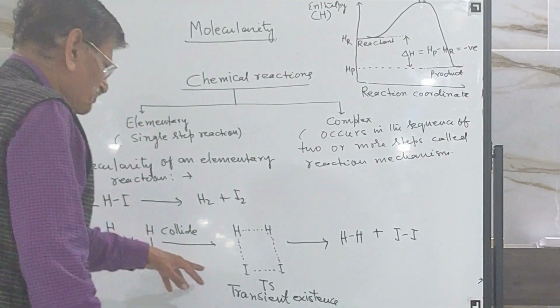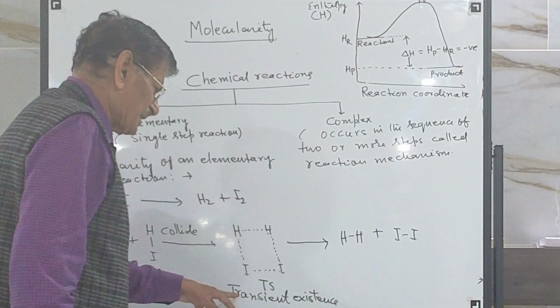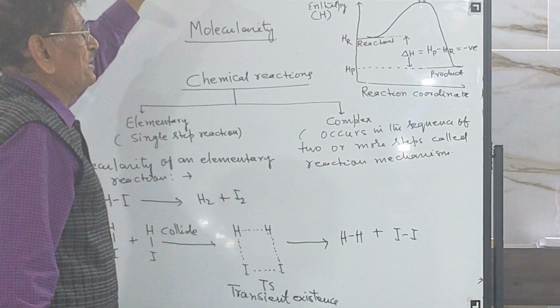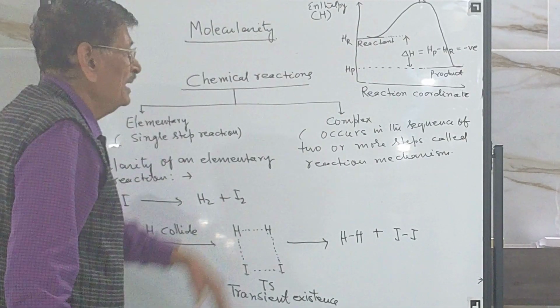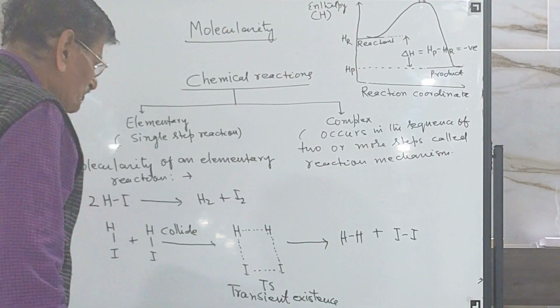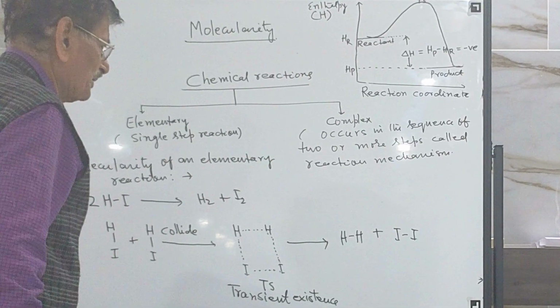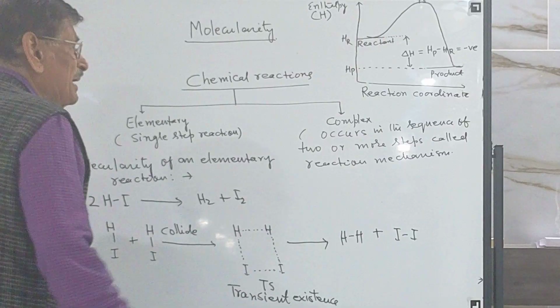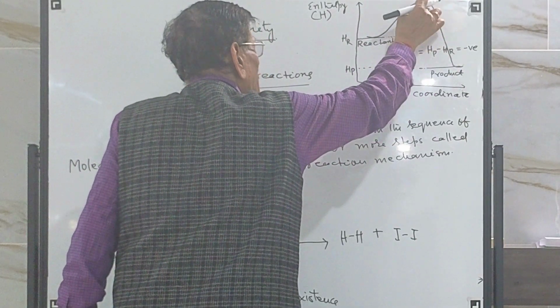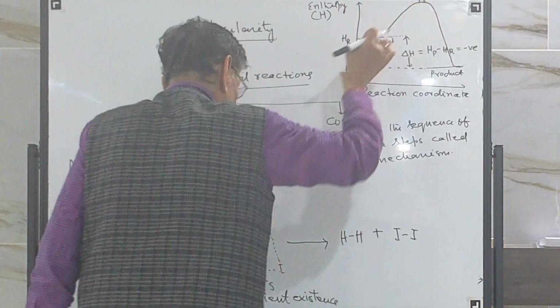Okay, so what I mean to say is that this transition state has transient existence. It occupies the highest energy point in the reaction path between reactant and product, and it soon converts into product, or the transition state may slide down in this direction, or it may also slide down in this direction.